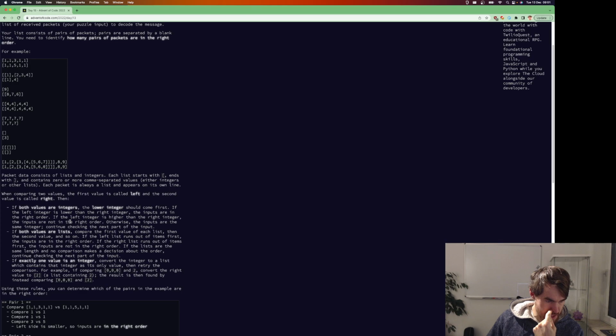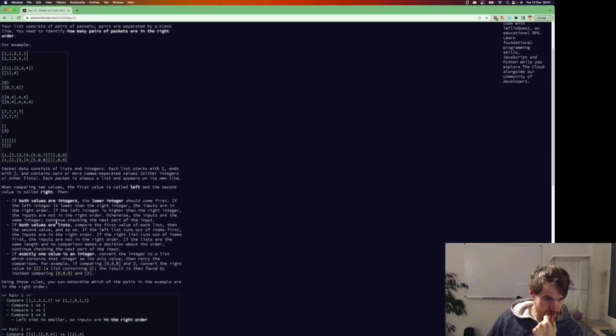Otherwise, if the inputs are the same integer, continue checking the next part of the input. If both values are lists, compare the first value of each list. If the left list runs out of items first, the values are in the right order.